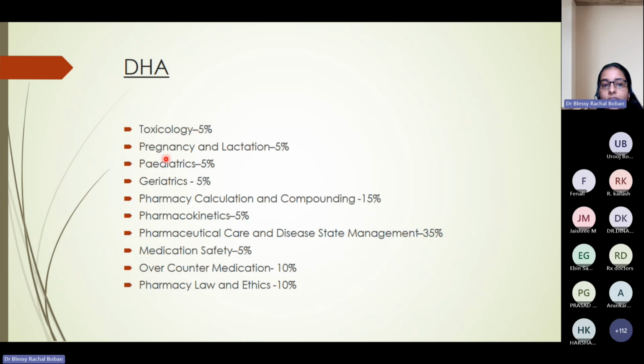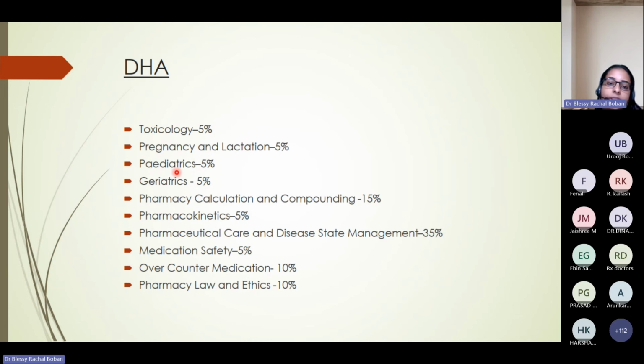So toxicology you have to cover, that is mainly antidotes of medications, even snake poisoning. Such questions will be trending these days. Then gestation and lactation related topics, gestation, different FDA categories there, category A, B, C, D, X. And in lactation, which medications are safe in lactating mothers.